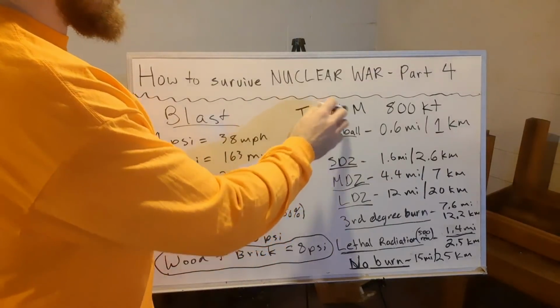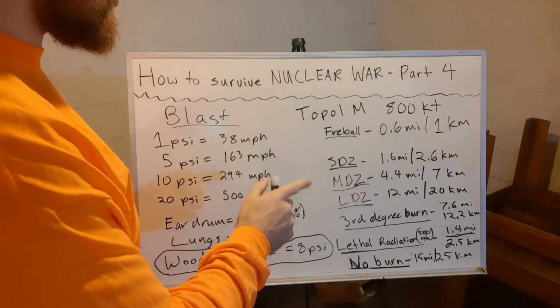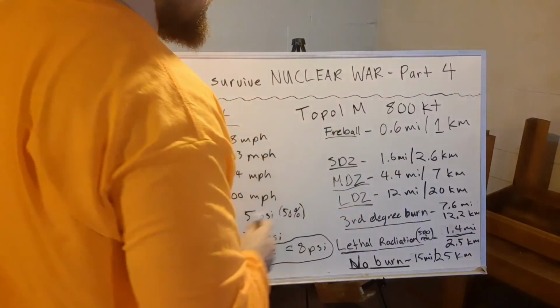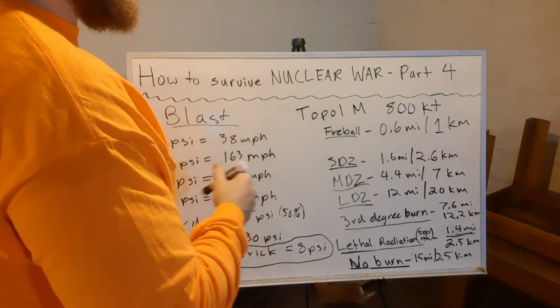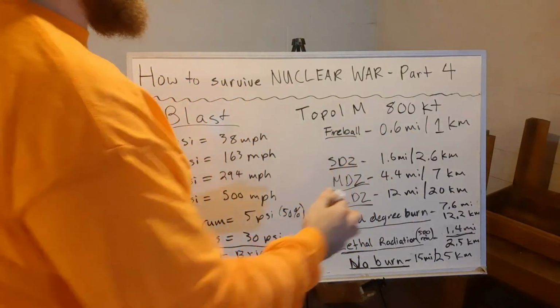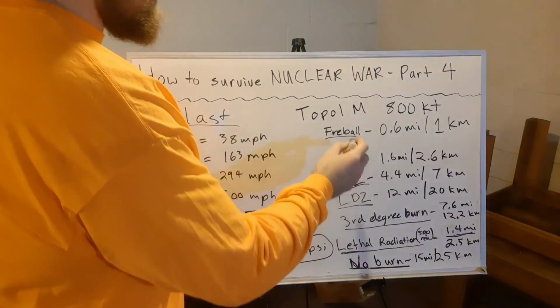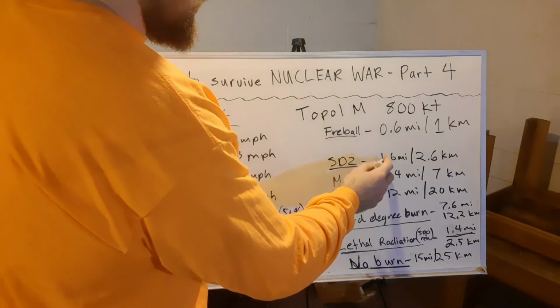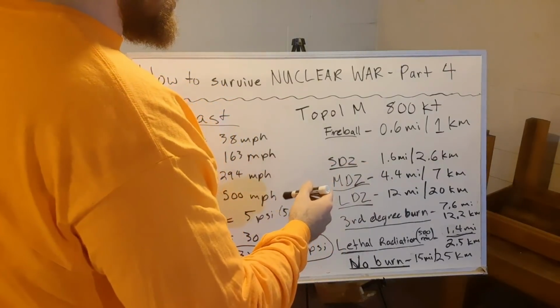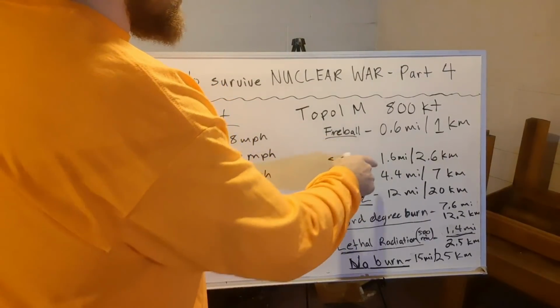They would hit them with this warhead, okay. So the fireball would be 0.6 miles from the detonation point, or 1.2 miles across, or 2 kilometers across. The severe damage zone, you would have to be 1.6 miles or closer. So it's not as big of a severe damage zone.